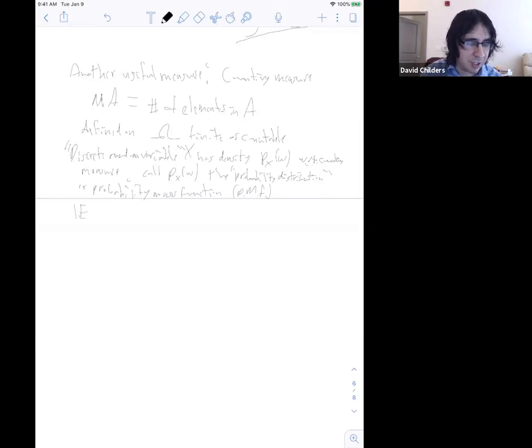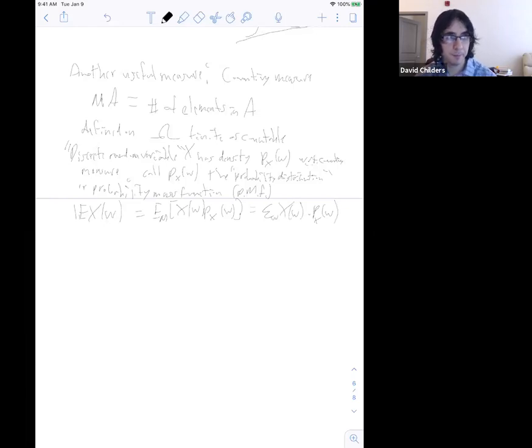And then, again using this Radon-Nikodym result, the expectation of a discrete random variable is equal to the expectation with respect to counting measure of x times p_x(omega). And this is equal to the sum over omega of x(omega) times p_x(omega). And so this is just the sum rather than the integral case.